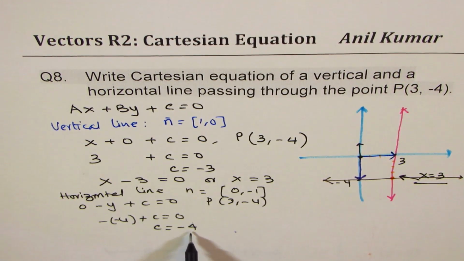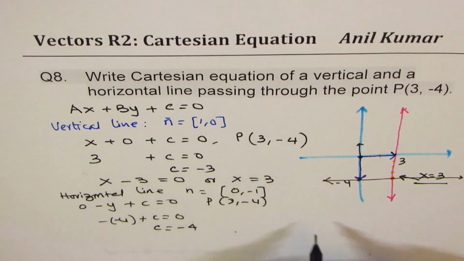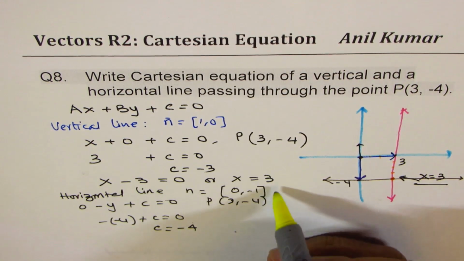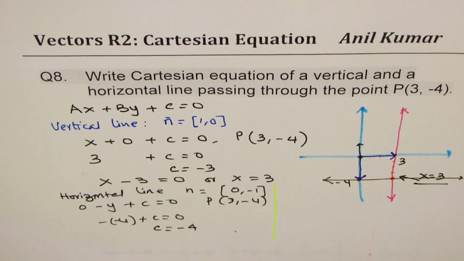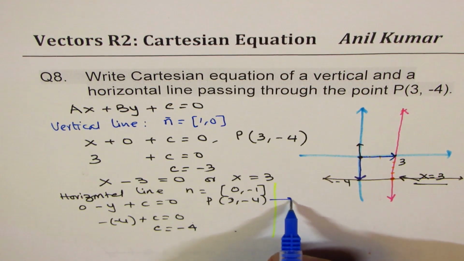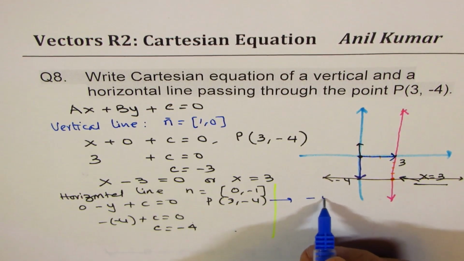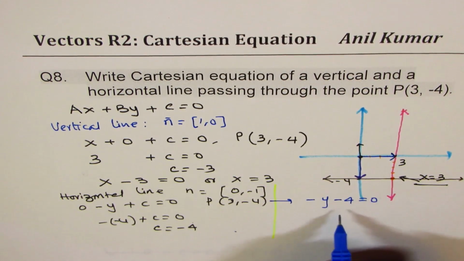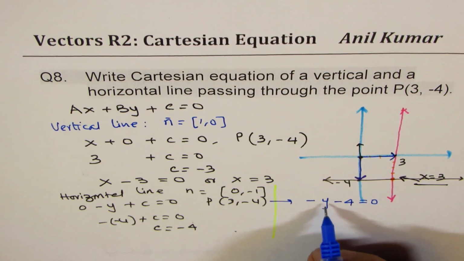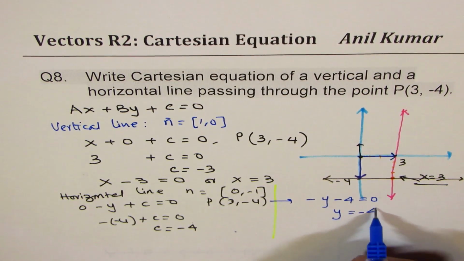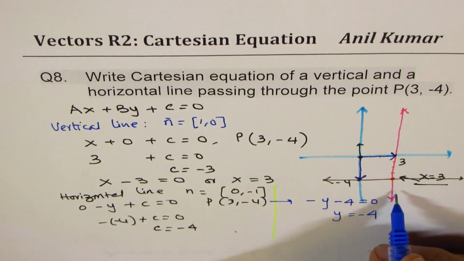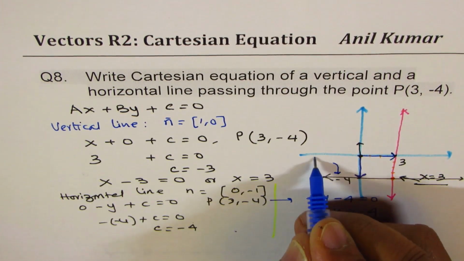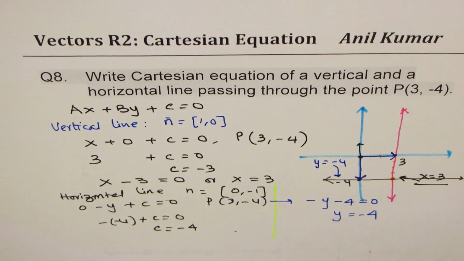So if c is minus 4, I could write this equation as minus y minus 4 equals 0. So that becomes the equation, or rearranging, we get y equals minus 4. So y equals minus 4 becomes the horizontal line, as you would expect.